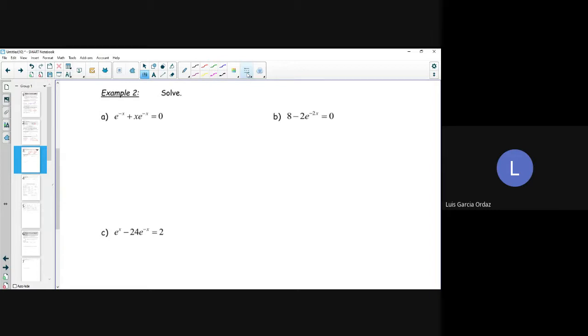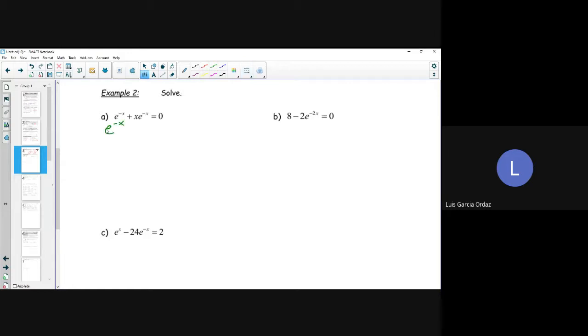So the first example we have is e^(-x) plus x e^(-x) is equal to 0. So if we can simplify this, what can I factor out from both terms? What's my common factor between both terms? e^(-x).